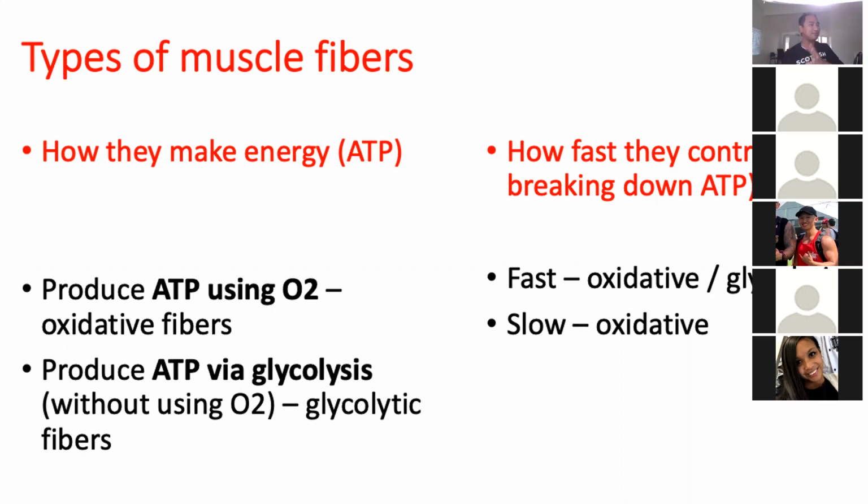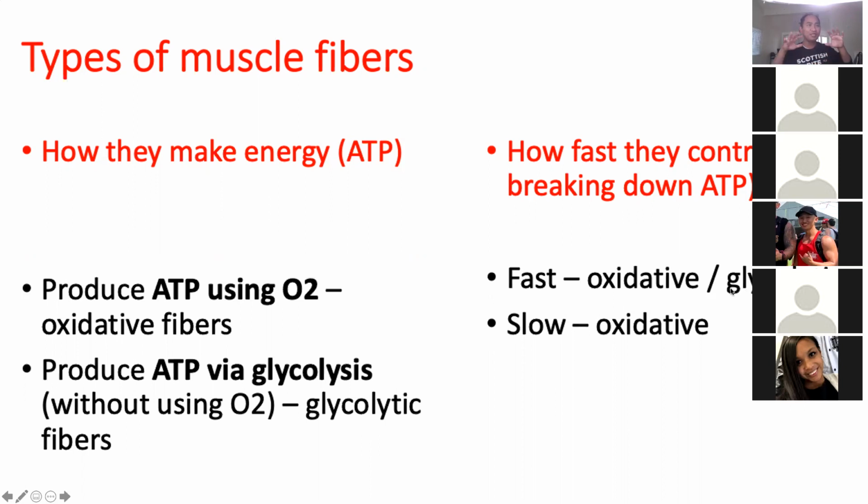Money will gradually run out. The same thing, like you are using the glycogen in your cell to generate energy. Yes, it is quick, but how long can you do it? You can't do that for a long time. Everything will run out. So these glycolytic fibers are quicker to contract, but they run out quickly. Therefore, they cannot do it for a long time. So these are fast glycolytic fibers.